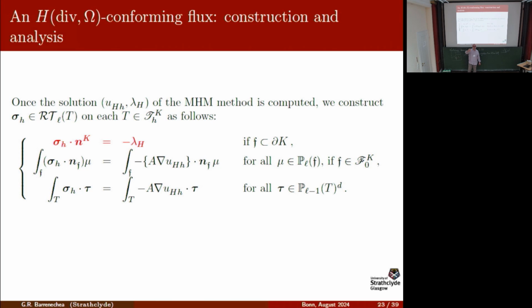So the Lagrange multipliers on the inter-element boundaries here, we just lift those by Raviart-Thomas functions. Now, in the submesh, on these interior edges, where there are kinks of the solution, we take the average. So the trace of my Raviart-Thomas function is going to be the average of those two gradients.